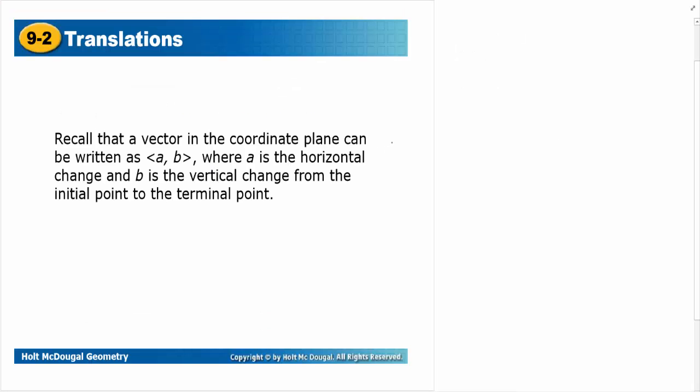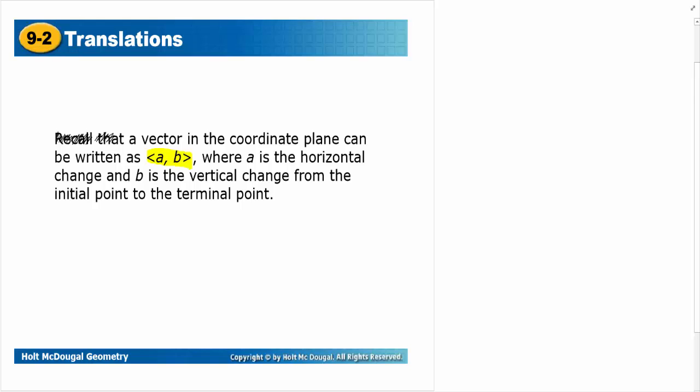Okay, so next thing, remember we skipped around a little bit with this chapter. We kind of jumped, so I'm going over vectors as we go through here. We're going to put our vectors in the coordinate plane next, so we need to talk about this, and I'll show you that as we go into the next example, but let's just talk about it real quick. So forget the whole recall, because we're not recalling anything unless you've already learned about vectors.